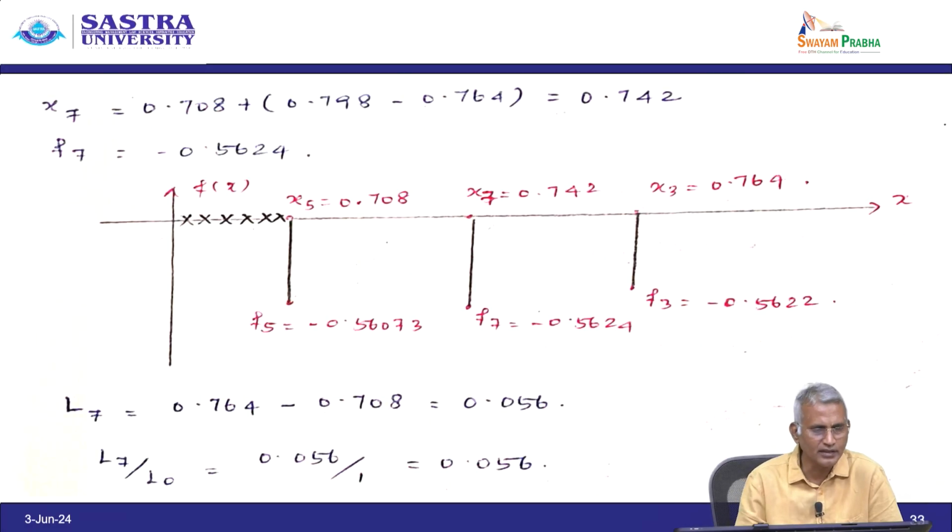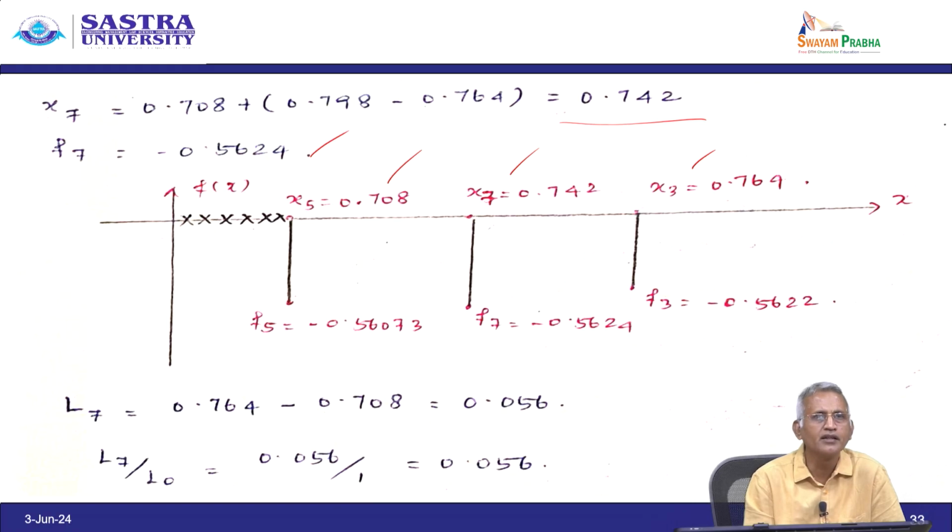Then we have x7, 0.708 plus 0.798 minus 0.764, which is equal to 0.742. Therefore, f of x7 equal to minus 0.562. So, compare x5, x7, x3; check it out, f5, f7, f3, they are more or less equal.